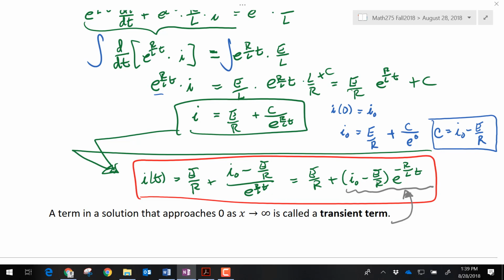And if you were to graph this, then your function will eventually approach E over R as the independent variable gets larger, or whatever that term is. Otherwise, it's some constant, and then it has a horizontal asymptote. Okay? Any questions?